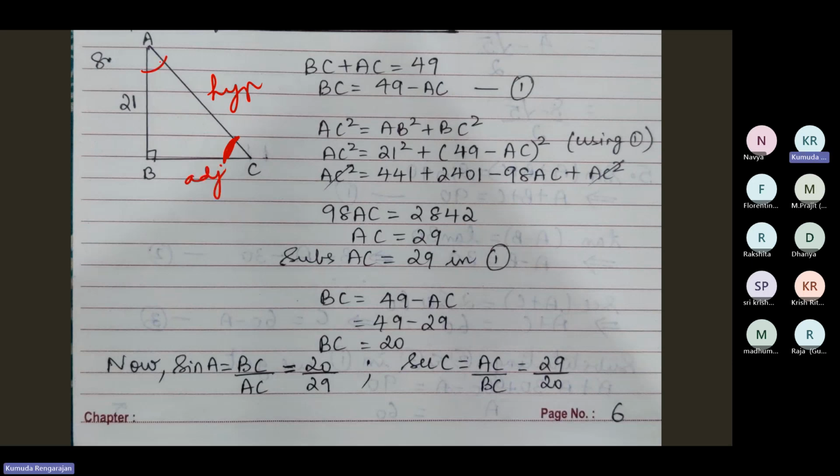For angle A, this is the adjacent side, and this is the opposite side. So secant C, meaning secant of this angle, is hypotenuse AC by adjacent BC, 29 by 20.